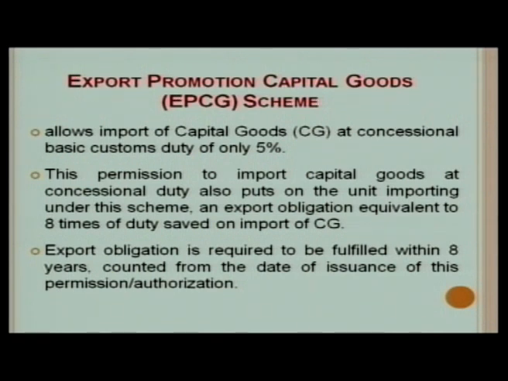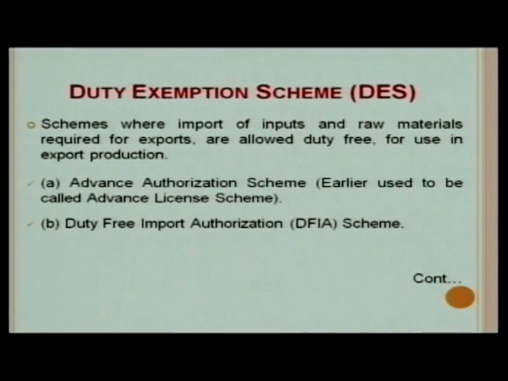They have an export obligation equivalent to 8 times the duty saved on import of capital goods. This export obligation needs to be met within 8 years from getting the permission or authorization under the EPCG scheme. But for certain categories of items, like agri products, this export obligation is for 5 years.